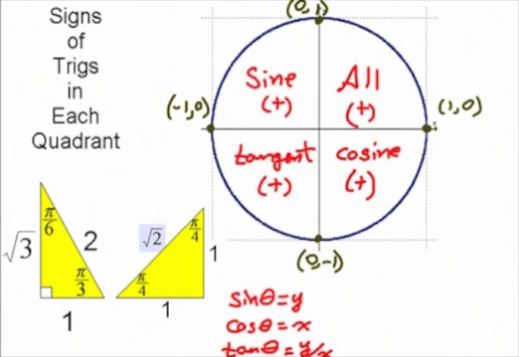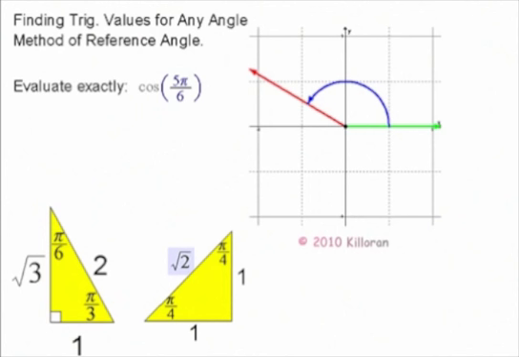If we try to do a problem using a reference angle, that's what we're going to talk about here. We're still going to need All Students Take Calculus and the special triangles. For instance, this is the method of reference angle, and we want to evaluate exactly the cosine of 5 pi over 6. This angle here, which I drew perfectly, is 5 pi over 6.